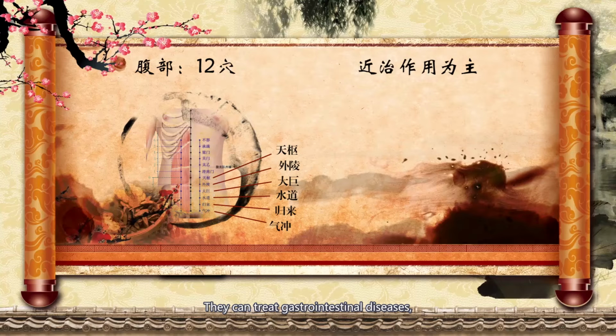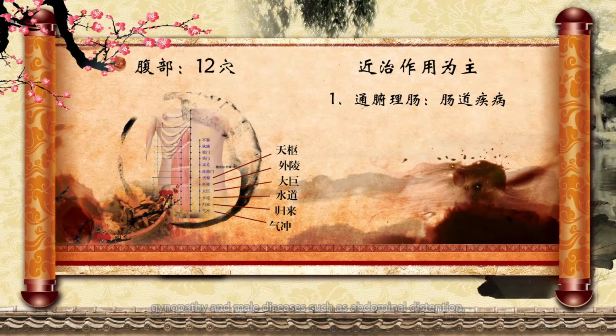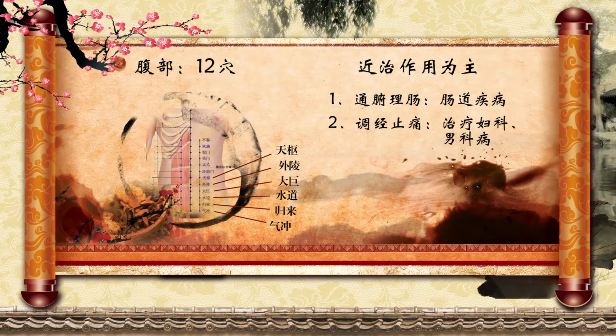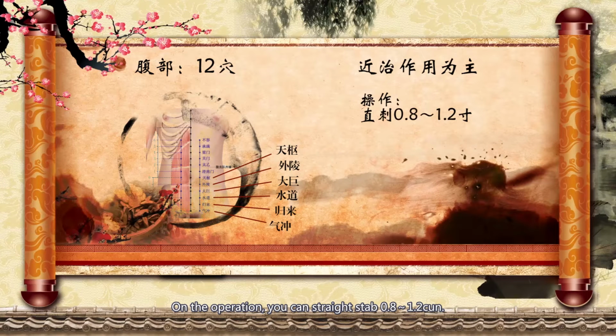They can treat gastrointestinal diseases, gynecological and male diseases such as abdominal distension, constipation, dysentery, vomiting, dysmenorrhea, irregular menstruation, hernia, edema, spermatorrhea, premature ejaculation, infertility, and so on. On the operation, you can needle straight 0.8 to 1.2 cun.